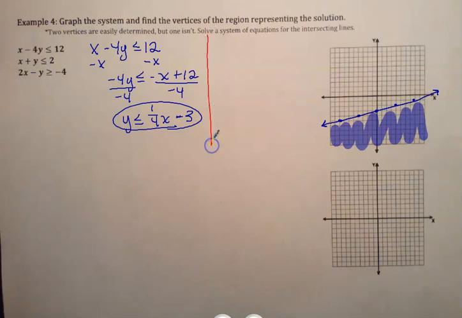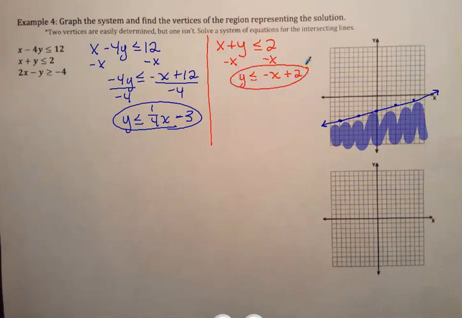All right, next equation, x plus y is less than or equal to 2. All right, slope-intercept form, we're going to subtract x. y is less than or equal to negative x plus 2. So 2 is my y-intercept. Negative x, I'm going to go down 1 and right 1.